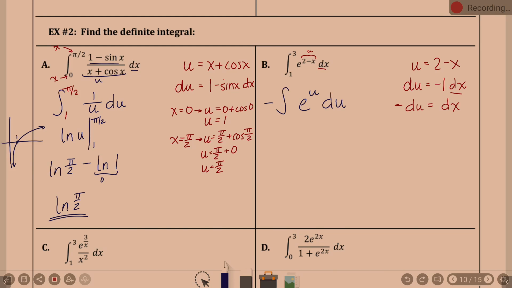However, we need some boundaries. When x is 1, what's u? 1. Happens to be 1. When x is 3, what's u?